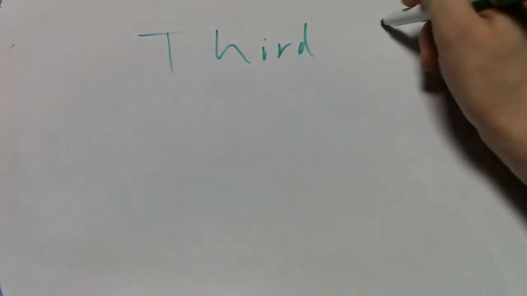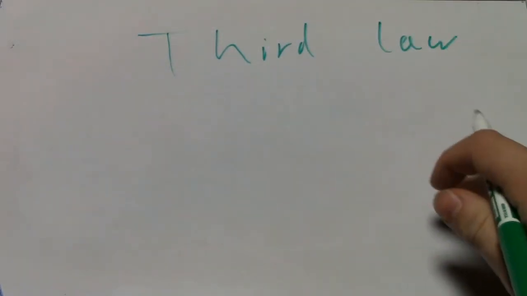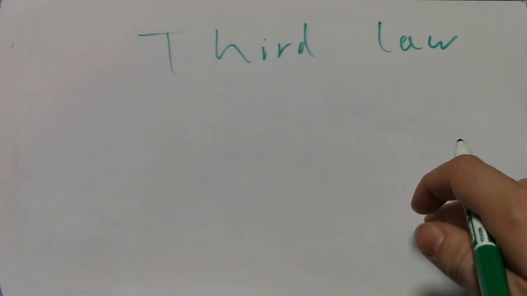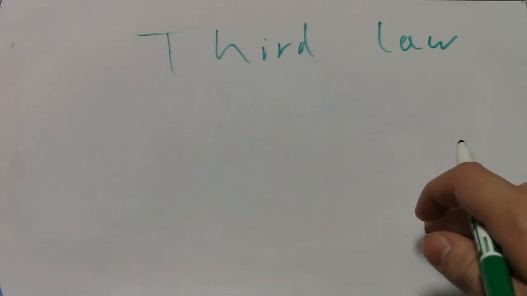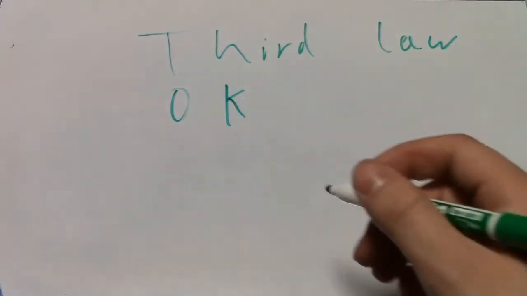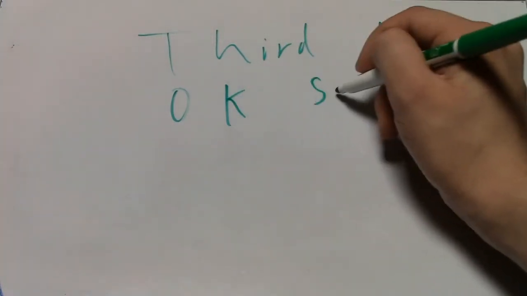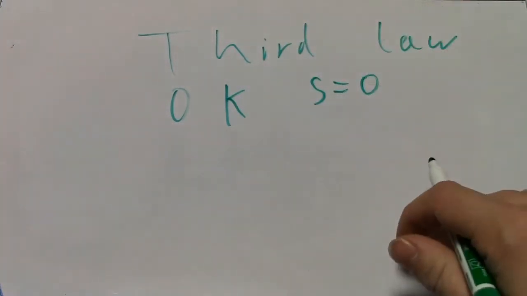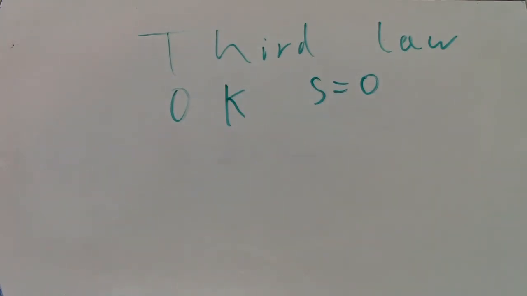Now, finally, we have our third law of thermodynamics, which states that at absolute zero, a pure crystalline substance will have no entropy, which we can write as: at 0 Kelvin, which is absolute zero, the entropy is 0 for a pure crystalline substance.